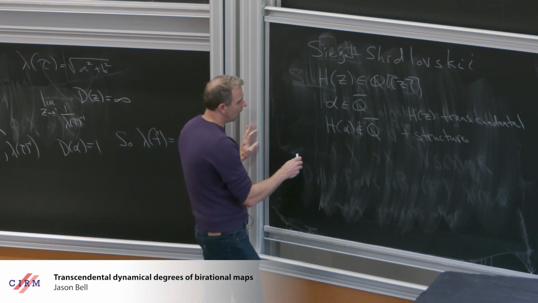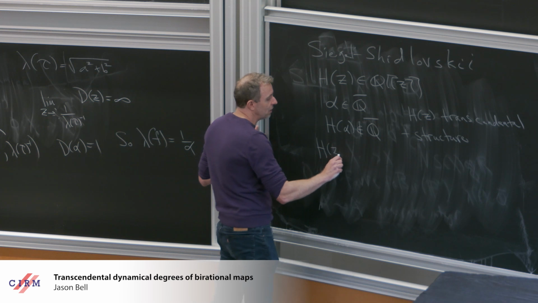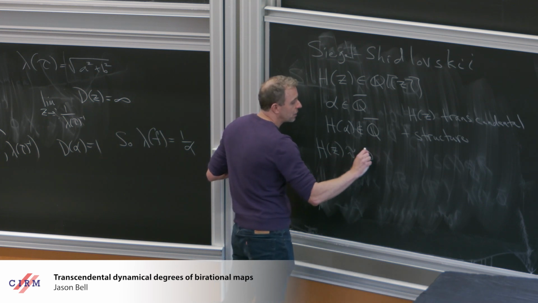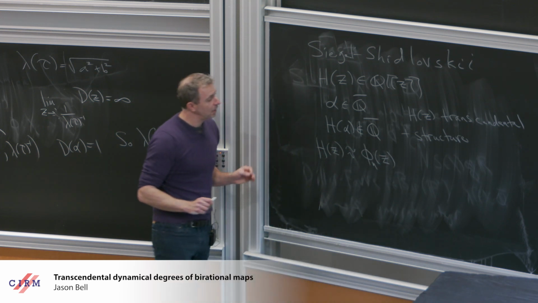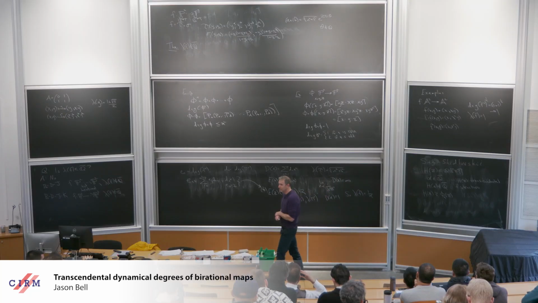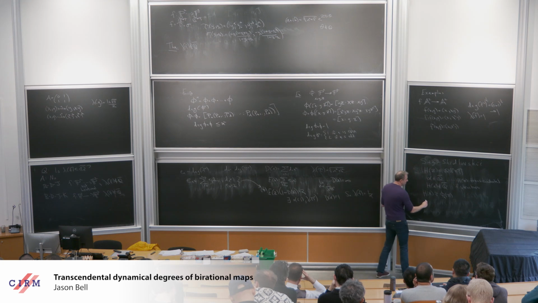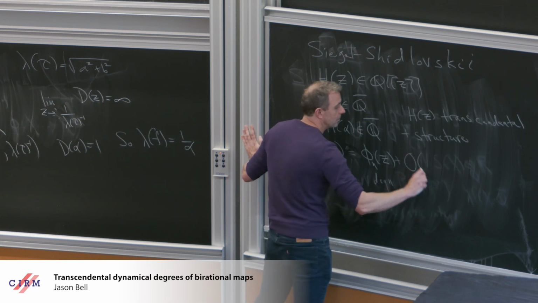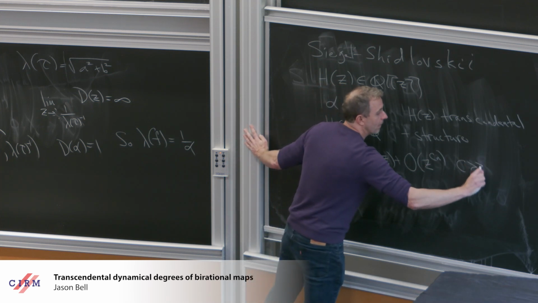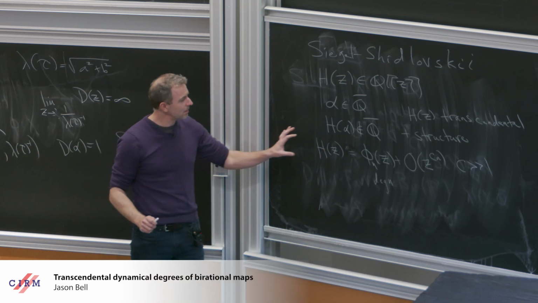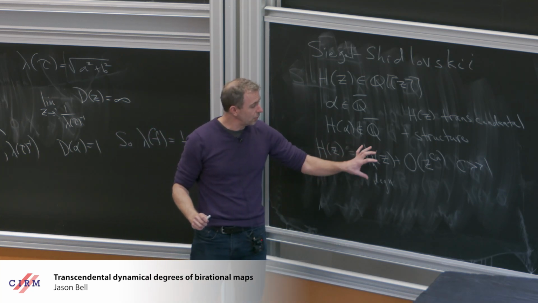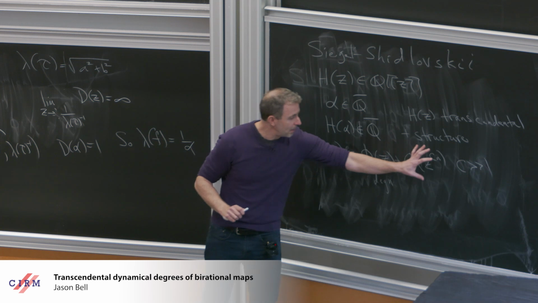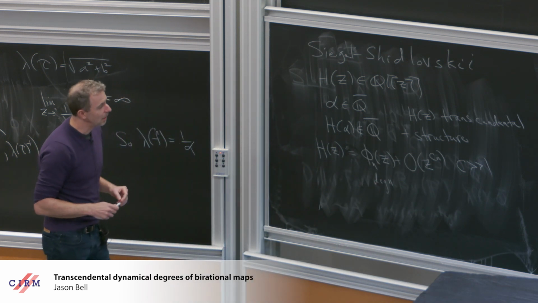And what's the approach? Well, you take your h of z and you use the structure to produce nice rational approximations to your function. And then the idea is, and maybe I'll write it this way, let's say that h of z is some rational function of degree n plus some error term so that it's small.